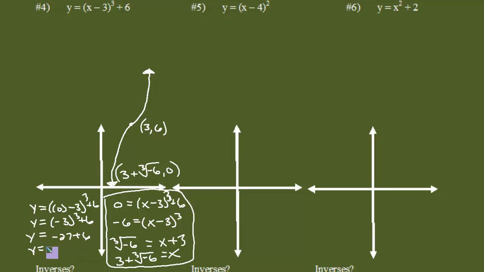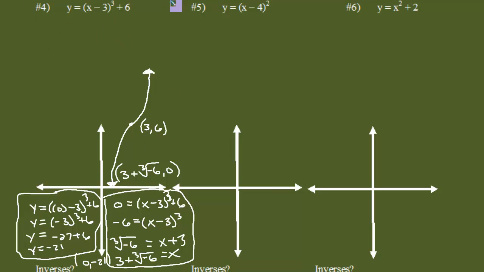Add 6 to that, you get negative 21. It's really not great that I have all this work crowded together. But I don't think I gave you enough room to do all this work, so it's just going to have to work. So the y-intercept down here someplace of this graph, 0 and negative 21.